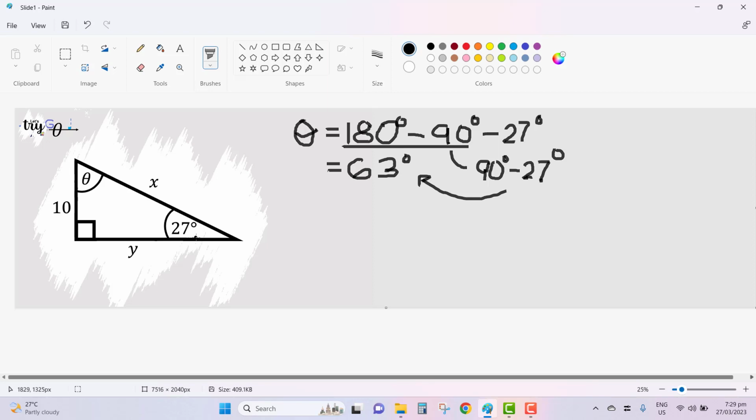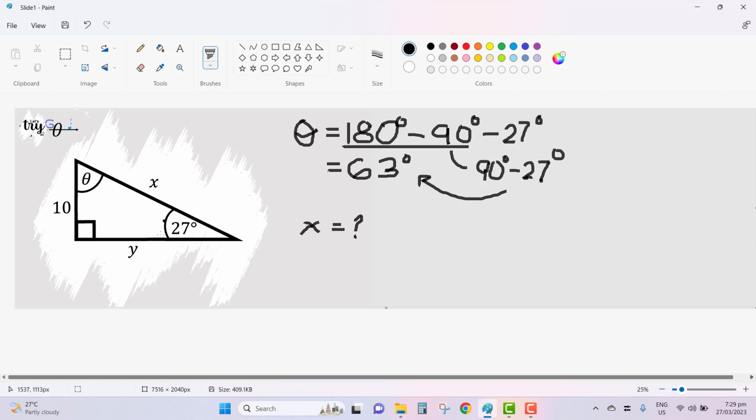Here, we can use 3 of the 6 trigonometric ratios: sine, cosine, and tangent. In solving for the measurement of side x, we are going to look into the reference angle, which is 27 degrees, and the given side, which is 10.